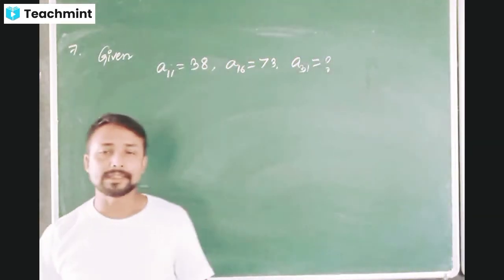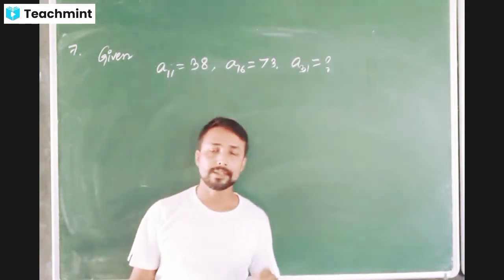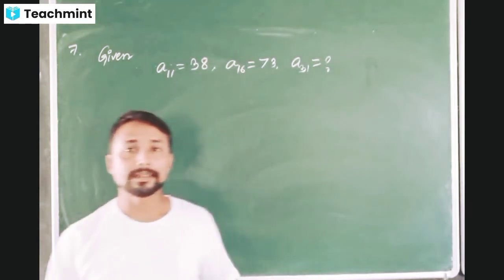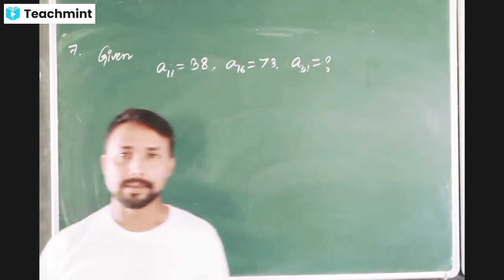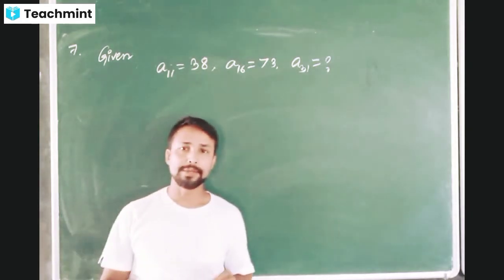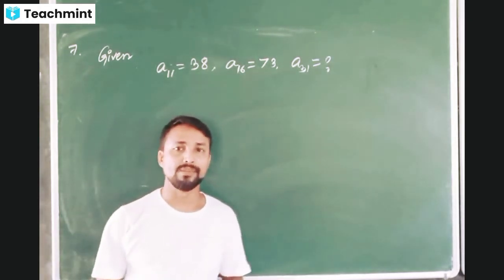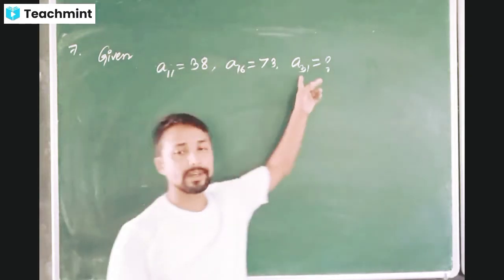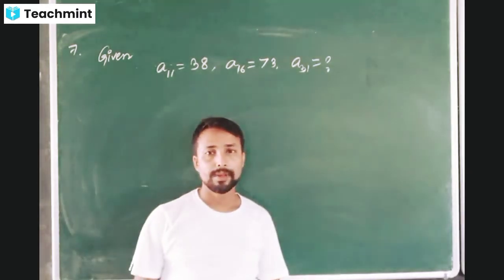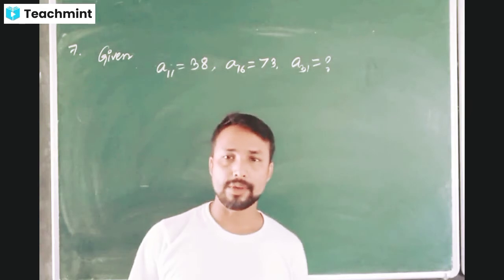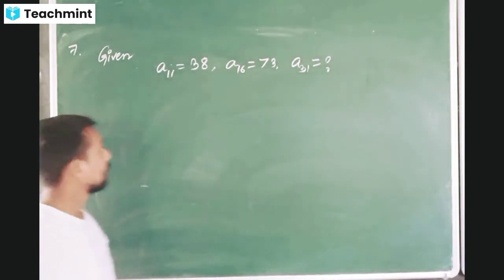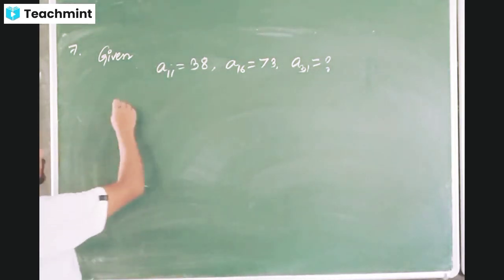The 11th term is 38, and in the 16th place is 73. Then we need to find what number is the 31st term. So here, the first term and the common difference are not given. How can we get the 11th term?